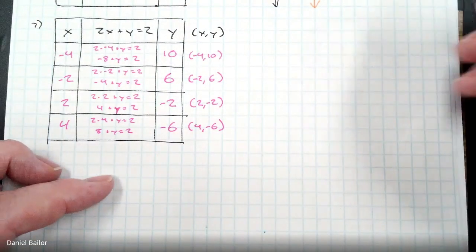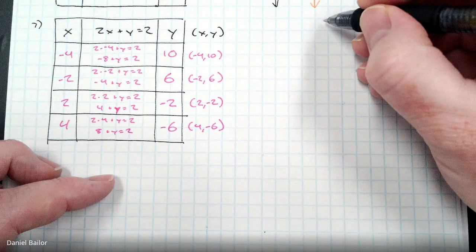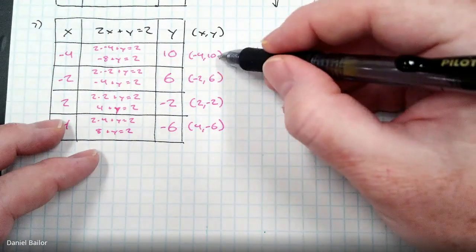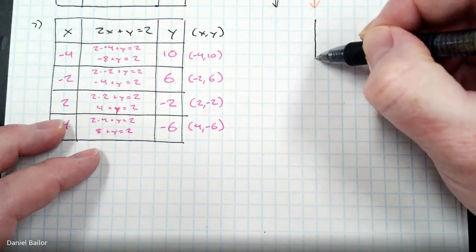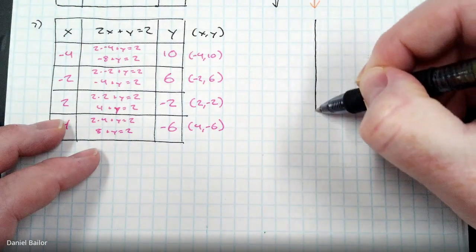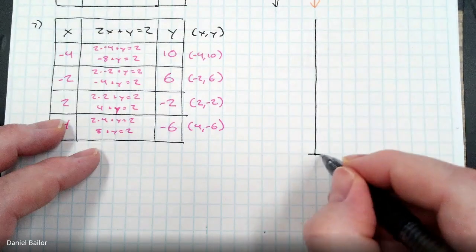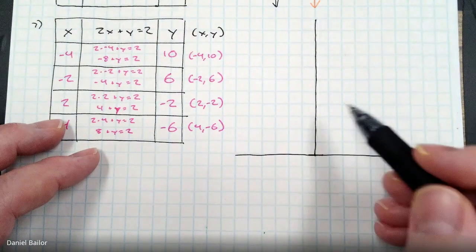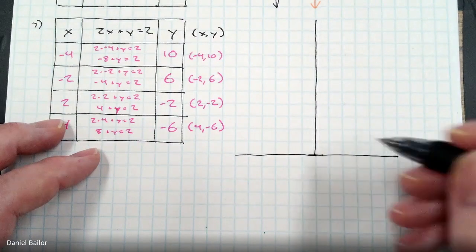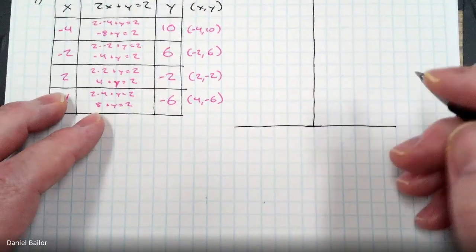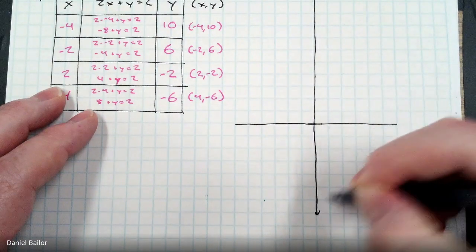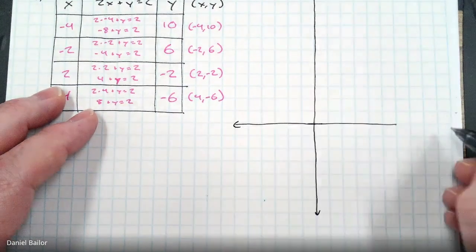So I need to probably start right about here for my graph. I need +10 y, so I need to go down probably about that far for my top of the y's. And I need to go down at least to -6. So here's my axes.